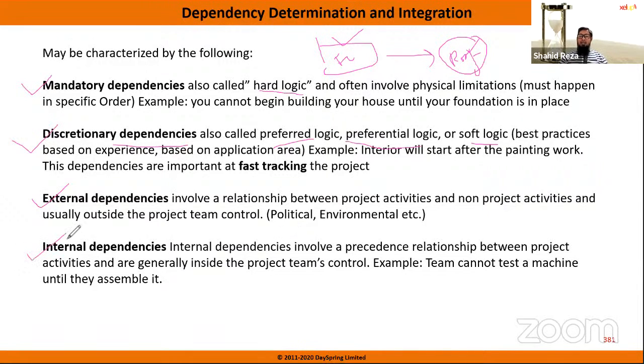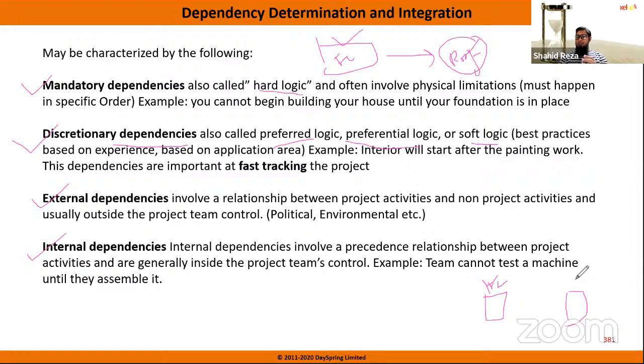Number 4 is internal dependency. What is internal dependency? For example, you have 5-6 teams in your project. One team sets up the hardware, and another team's responsibility is to set up the software applications on the hardware.